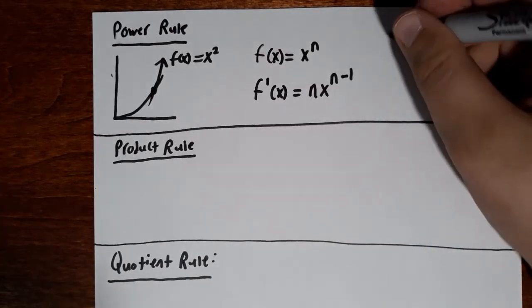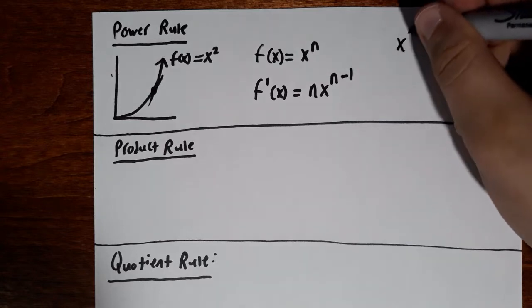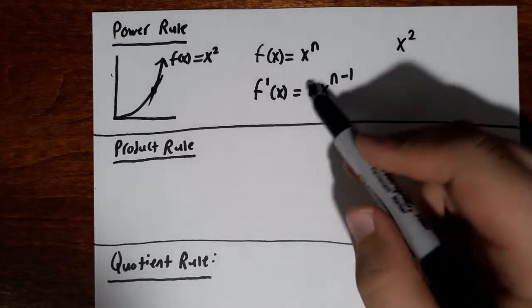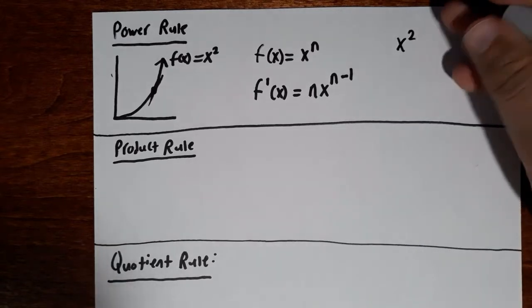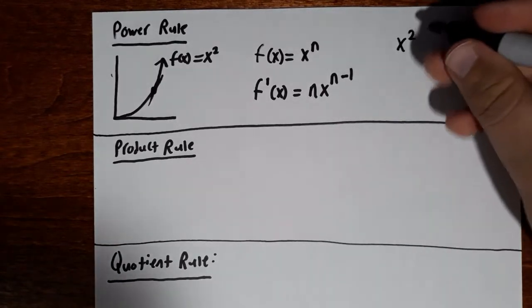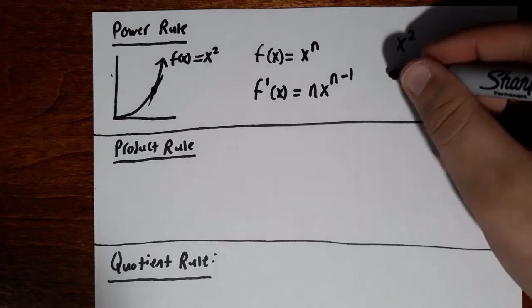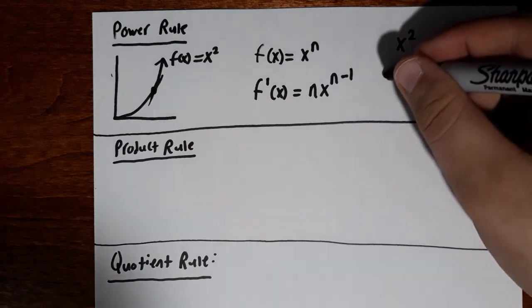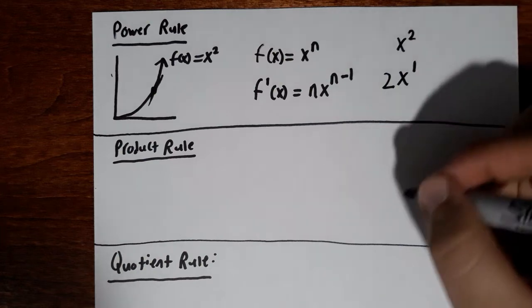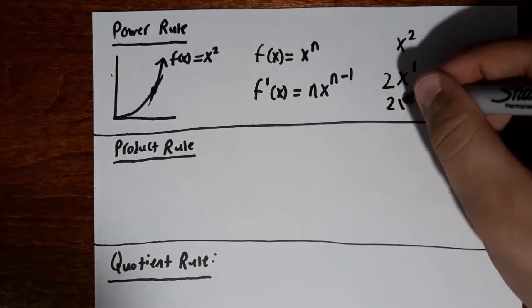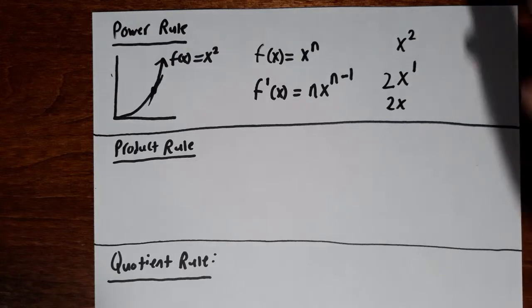As an example, let's use the function that we have graphed over here, x squared. So our function x to the n is equal to x squared here. So the derivative of this function is going to be, we bring down this exponent, 2x, and then we subtract 1, so 2x to the 1, which is equal to 2x.